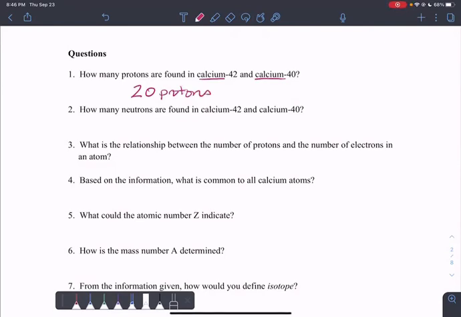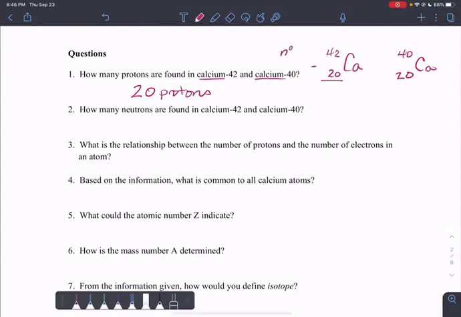So how many neutrons are found in calcium 42 and calcium 40? So all you do is you do that. So if this was the symbol, right, 42 and 20, and we had calcium 40 and 20. So if you look at calcium 42, in order to find the number of neutrons, you take that mass number minus the atomic number, right?